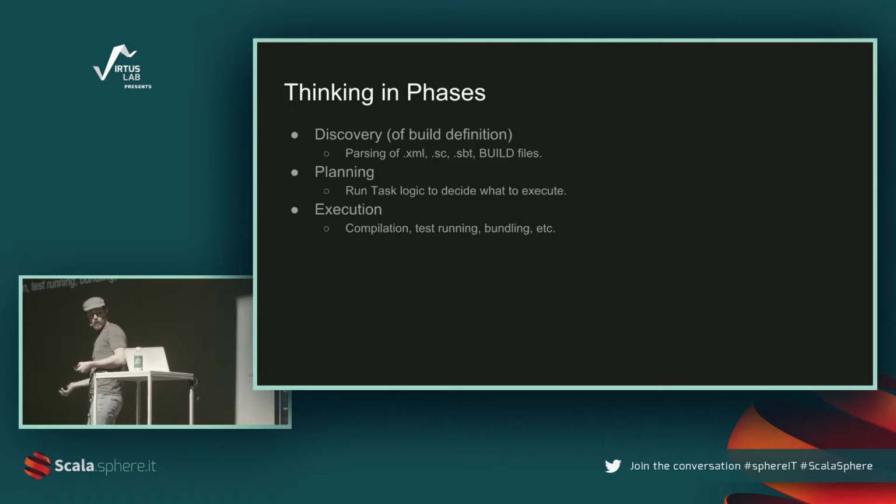Then it's going to run enough task logic to decide what actual processes to execute. And finally, it's going to execute those processes. I separate these because various build systems merge or don't merge various phases. So Bazel, in particular, separates discovery from planning and execution. Mill separates discovery from planning, but merges planning and execution.